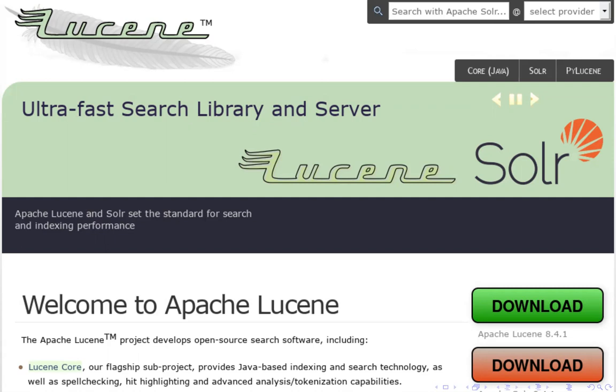So one very well-known library is Lucene, an Apache project, which does all of these calculations for tf-idf vectors, similarity, and so on. And then there are servers that use Lucene for indexing documents and having a search interface and web service and so on. And one of them that's very well known is Solr.